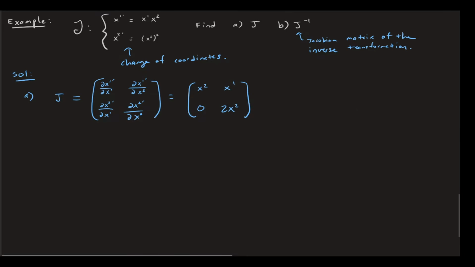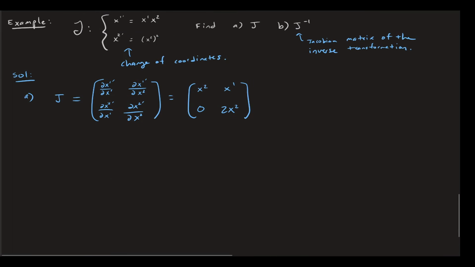What's the inverse transformation? So part B, to find the inverse Jacobian, I need to find the inverse transformation. Well, I need to solve for x1 in terms of x1 prime, x2 prime, and the same thing for x2. Let's see. x2 is going to be the square root of x2 prime, and then x1 would be x1 prime over x2, so x1 prime over the square root of x2 prime.